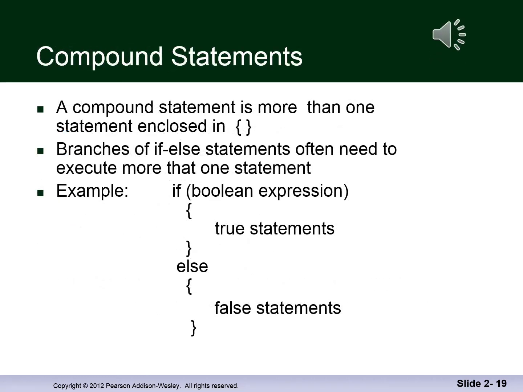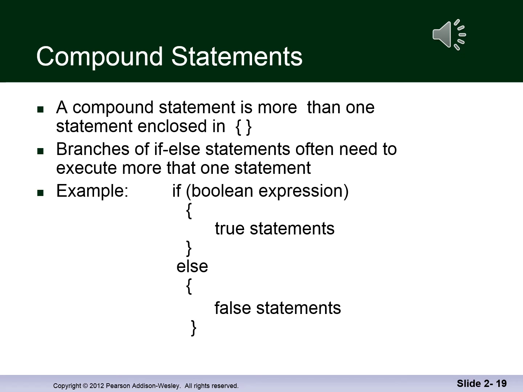This slide presents a very important concept, which is compound statements. A compound statement is more than one statement enclosed in the brackets. Many branches of if-else statements often require execution of more than one statement. In other words, if the expression being evaluated is true, you might have 3, 4, 5, 6 statements to be executed.